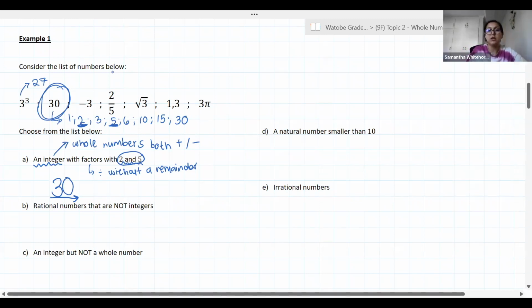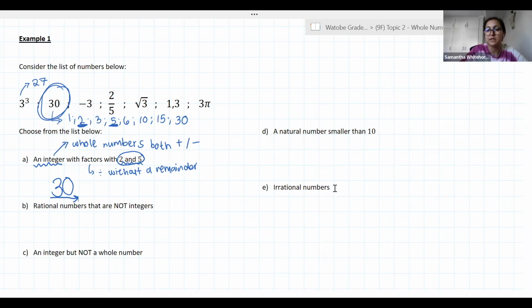Can anyone tell me what a rational number is? Guys, remember we have done this all before. If you're feeling a bit confused, you can get the recordings online. Amatle, what's a rational number? A number that can be written as a fraction. Perfect, exactly.